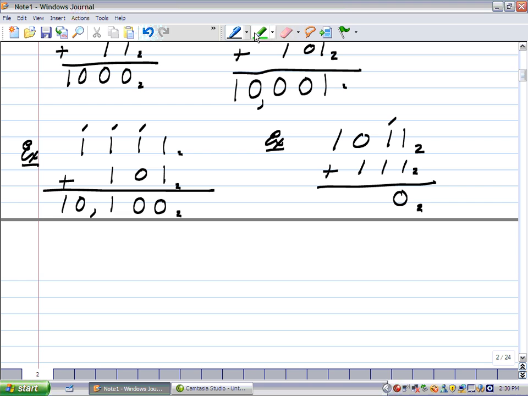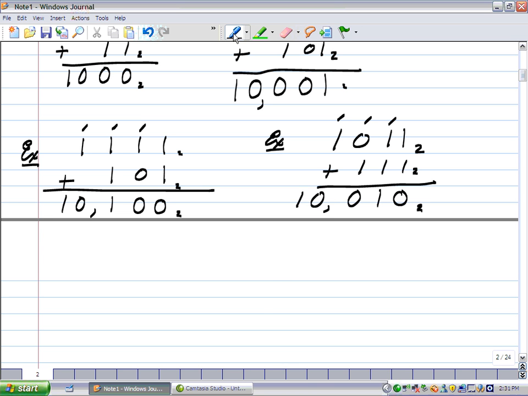Now I have 3 1s. 1 plus 1 plus 1. 1 plus 1 is 1, 0, plus another 1 is 1, 1. So put that 1 and carry 1. 1 plus 0 is 1, and 1 plus 1 is 1, 0. So I'll put the 0 and carry 1. 1 plus 1 is 1, 0.